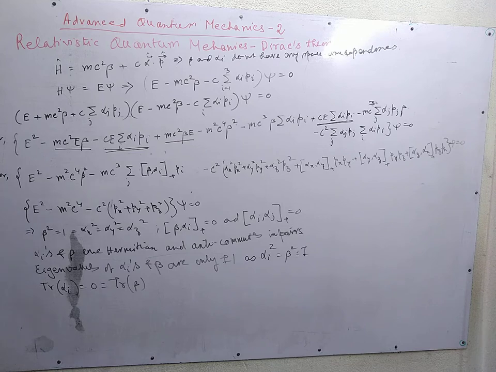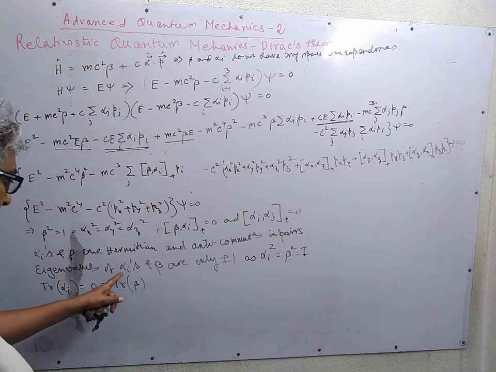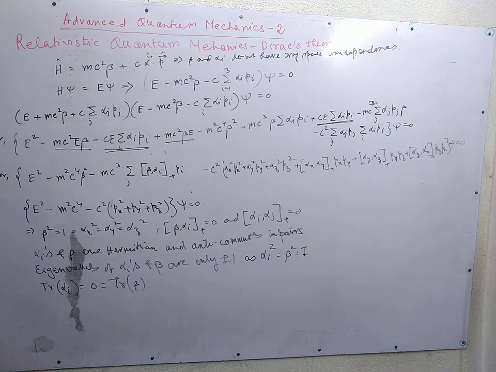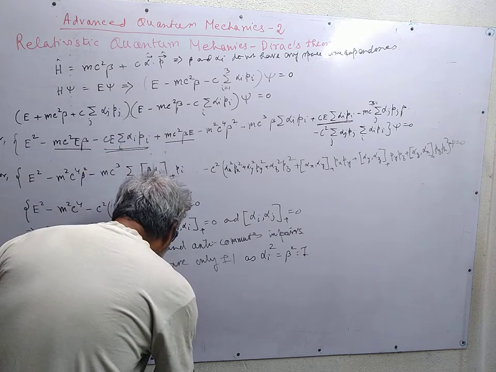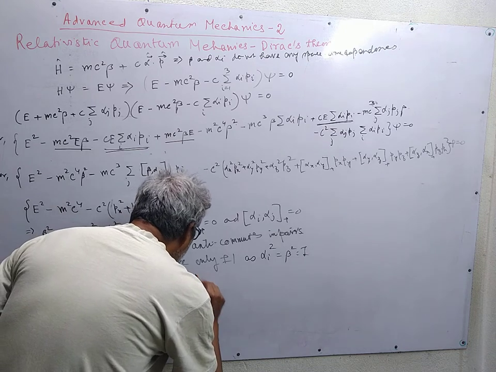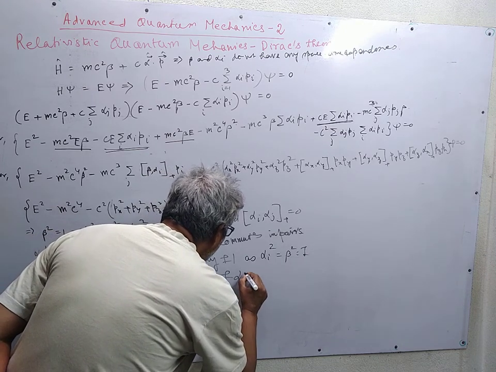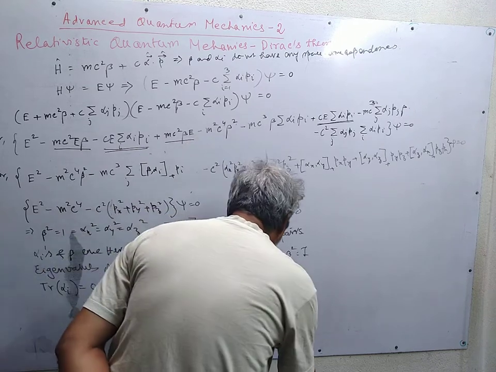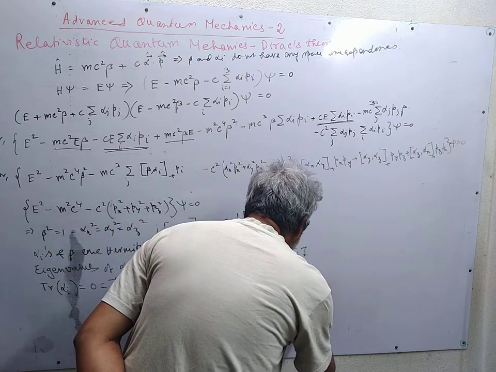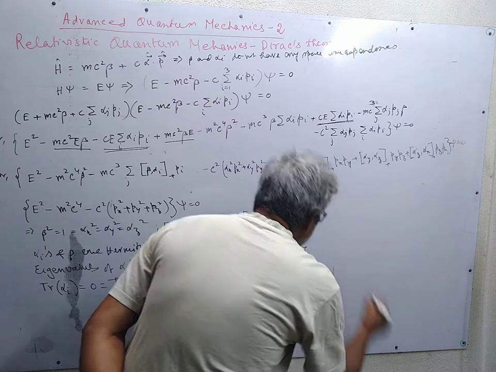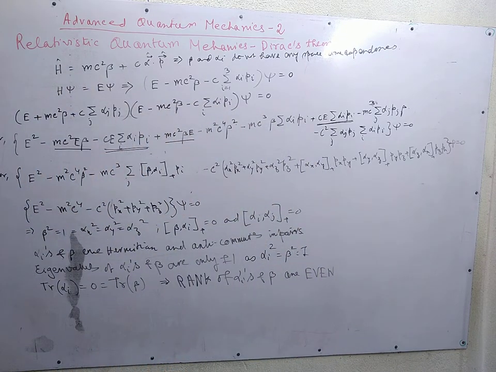The trace is the sum of the diagonal values, and the diagonal values can be only plus minus 1. So we conclude that the dimensionality of the matrices alpha and beta is even only. That is, the rank of the alpha i's and beta are even only. They could be a 2 by 2 matrix or 4 by 4 matrix or 6 by 6 matrix. They cannot be 3 by 3 matrices.